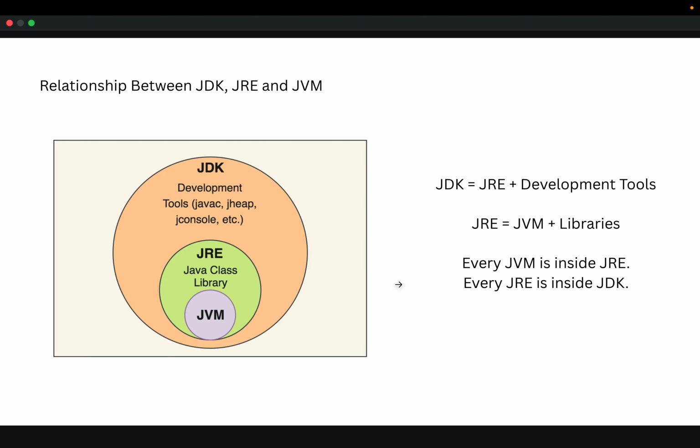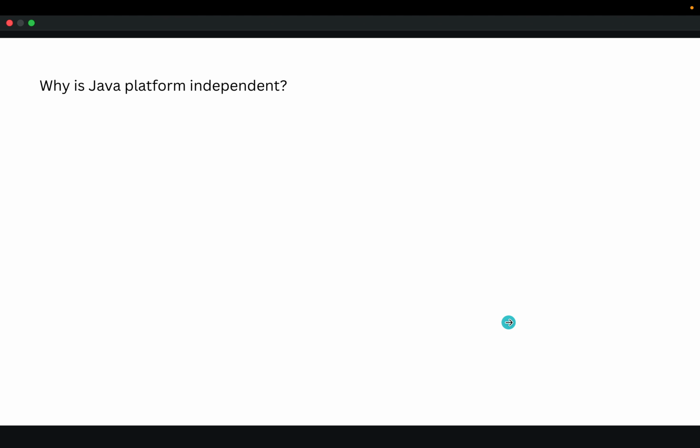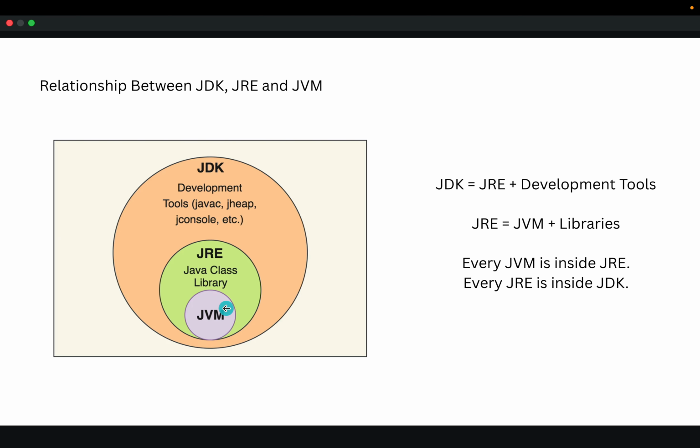If you are a user who only wants to run a Java application, you need JRE. If you are a developer who builds Java applications, you need JDK. Since JDK already contains JRE, developers usually install only JDK.